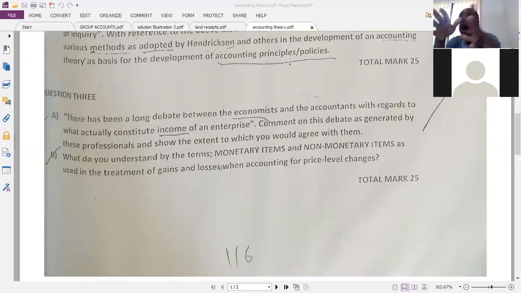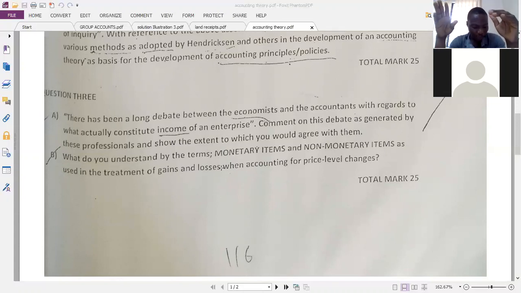But monetary liabilities, such as creditors, bank overdraft, and long-term loans. Now, this is the loan you are going to take. The first loan is a loan you have given. This one is a loan you are going to take. As the value of money falls during inflation, it follows that the value of such liabilities in current value will fall.